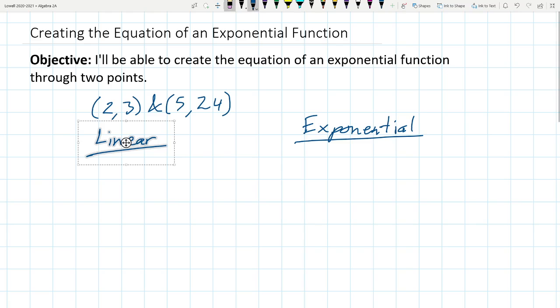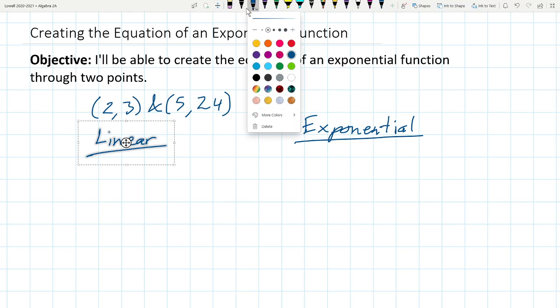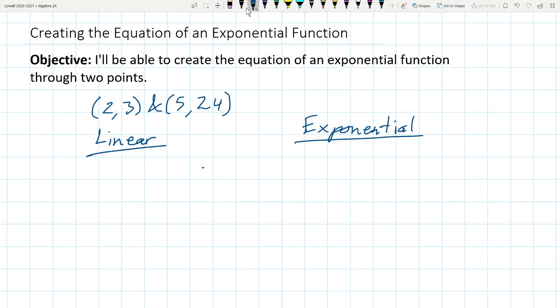Okay, let's remind ourselves what the equation of a linear function looks like. Using slope-intercept form, we would have y equals mx plus b. For an exponential function, we could almost call it slope-intercept form because it does give you the quote-unquote growth, although we wouldn't call it slope.